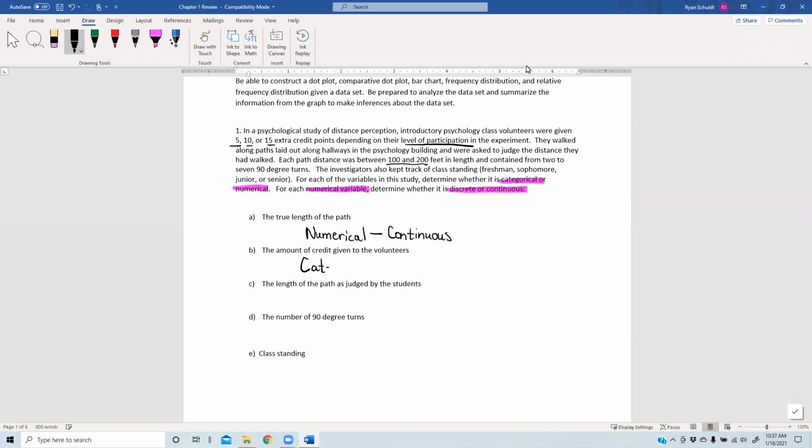Depending on how much they participated, depends on how much they get: 5, 10, or 15 points. I'm just going to add that. You don't have to add anything. It's extra information, but just to illustrate, there's 3 categories: 5, 10, and 15.